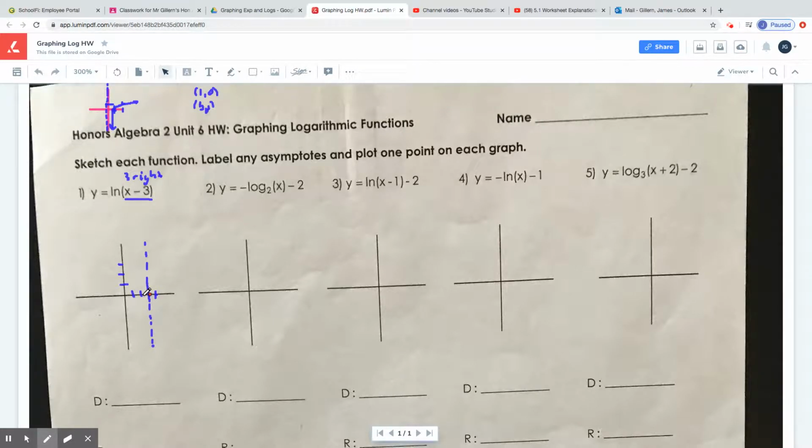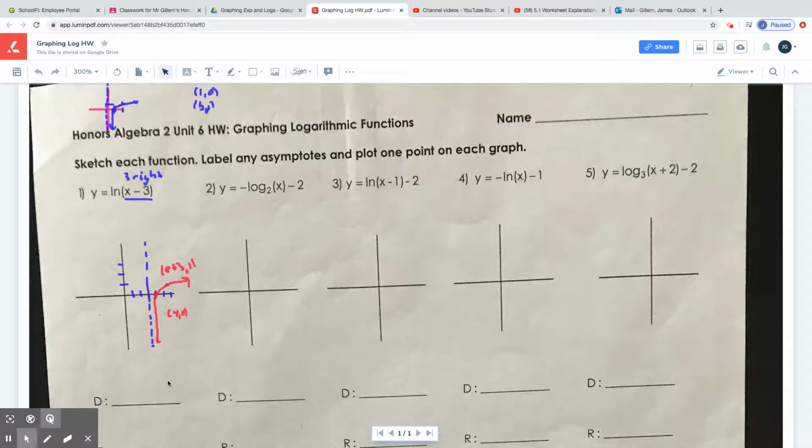So with the 3, it's going to be like 5.7. So 1, 2, 3, 4, 5, 6, somewhere right around there. Let me use a different color. So it's like here and here. And you just want to make sure that you label these points. So this is 4, 0. And this is e plus 3, 1.